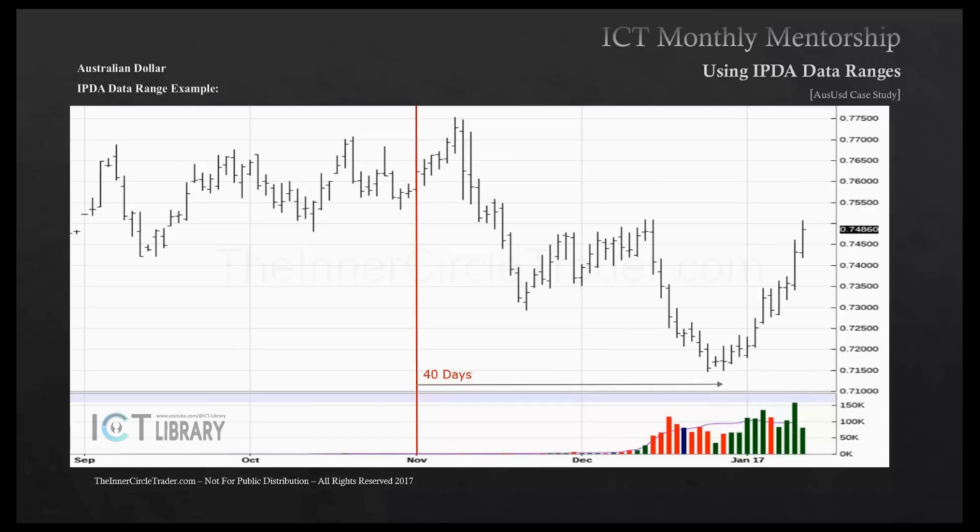Now, it didn't give you the lowest low, because if you go back to the left, two daily candles or bars, the last down candle right here, this down candle, that was the actual low. We had a small little range in here, and then we came down and hit this level here, 71.50. That's the 40 days out from the beginning of November, framed on the quarterly shift that took place here.